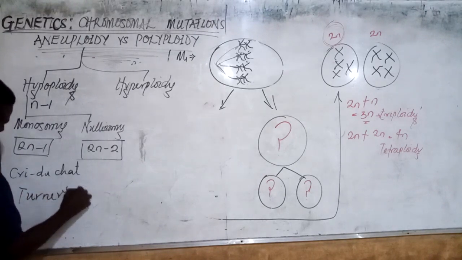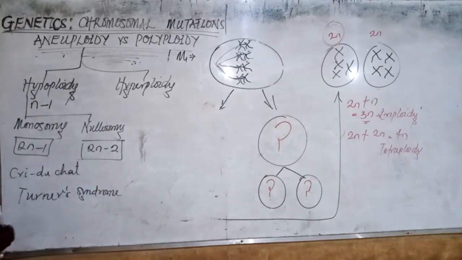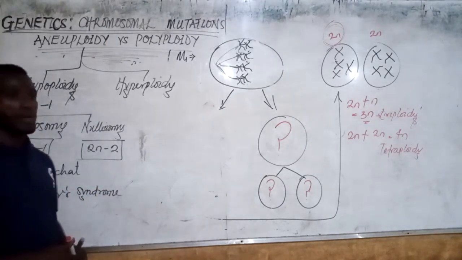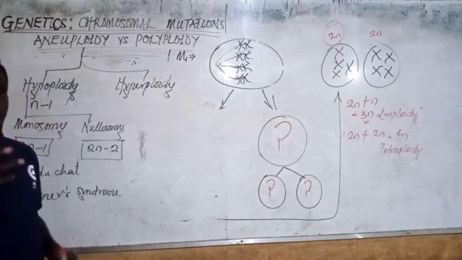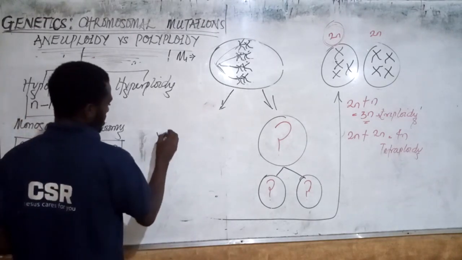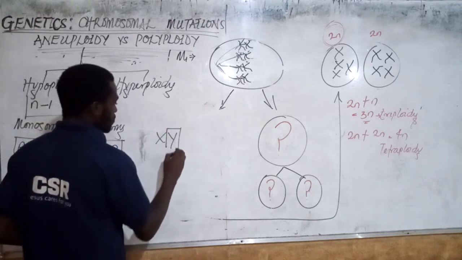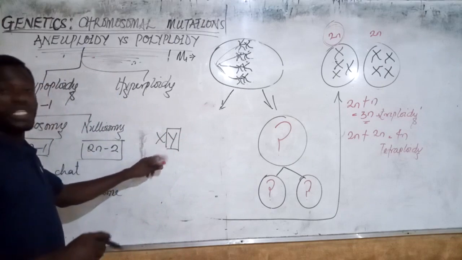Turner's syndrome. Remember that we talked about the fact that the male sex is determined by the Y chromosome in humans, and that is because of heterogamety. Heterogamety exists in the male, so it is the Y chromosome that tells us it's a male.